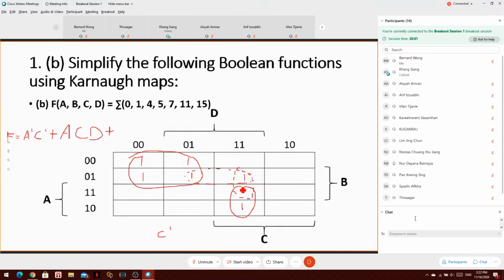For example, you choose this one, the horizontal one. It belongs to not A, B, and D. Or you can choose this one.